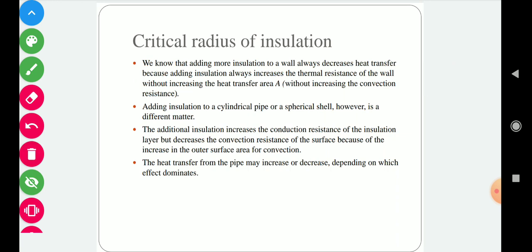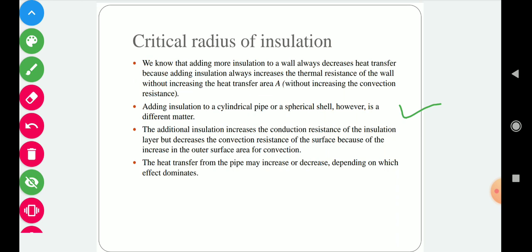But on the other hand, in case of cylindrical or spherical wall, this is not the case. The reason is that in case of spherical wall or cylinder, there are two parameters which play a role in controlling heat transfer rate.